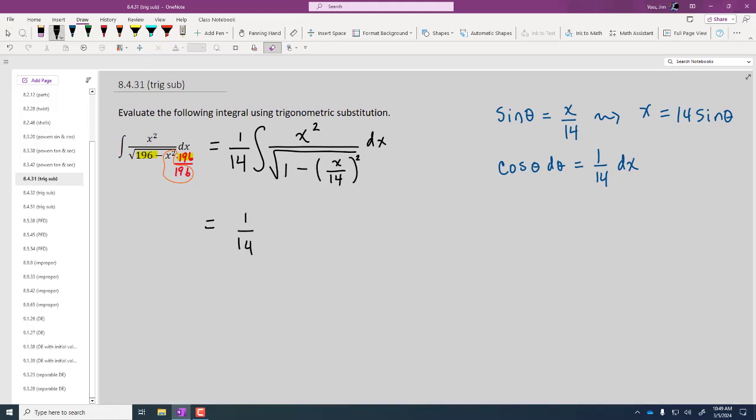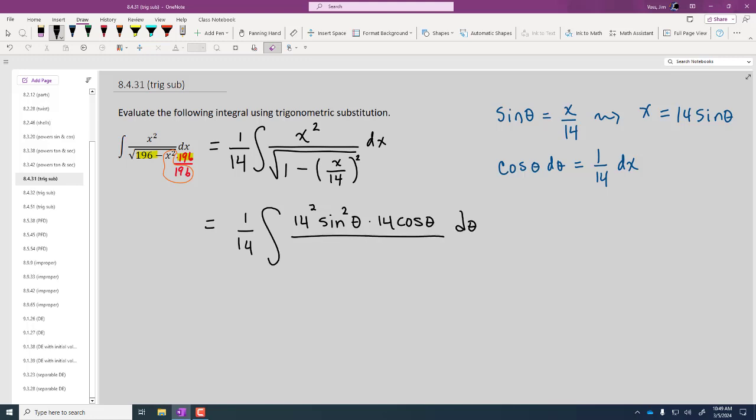So let's see what we end up with. 1/14 integral x squared. So we isolated the x, then we square it. We're going to get 14 squared times sine squared, which is the 196 we started with, but one of the 14s will cancel, so we'll have a little bit of simplification. Oh, and there's another 14 actually. dx is going to be 14 cosine of theta d theta.